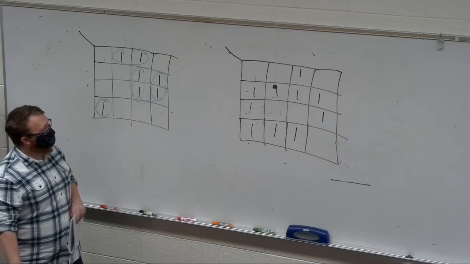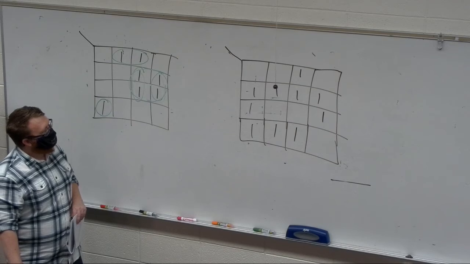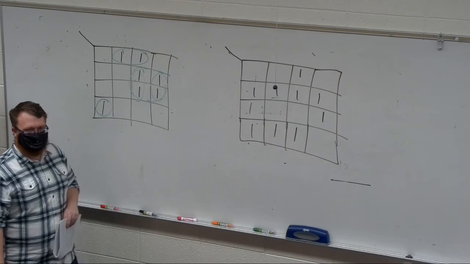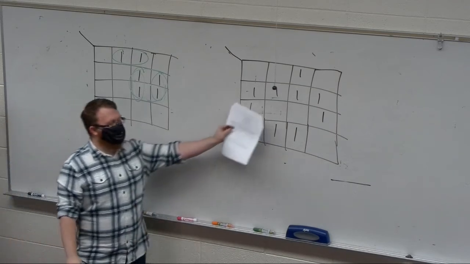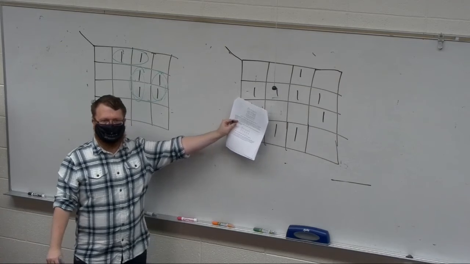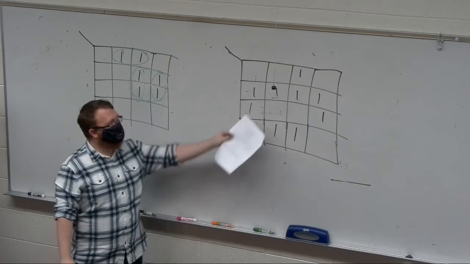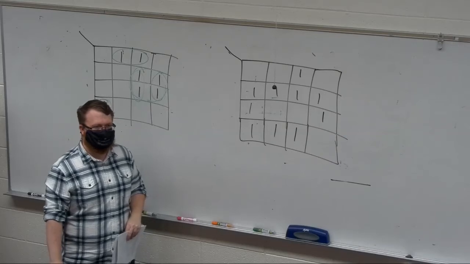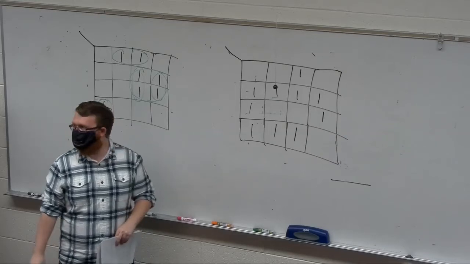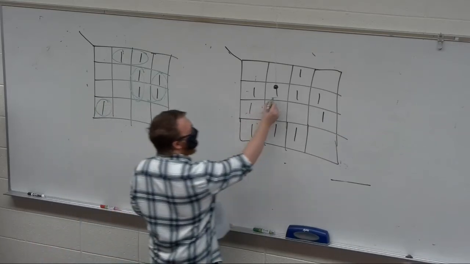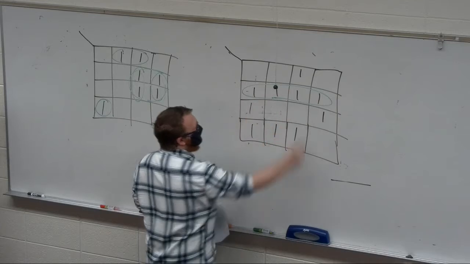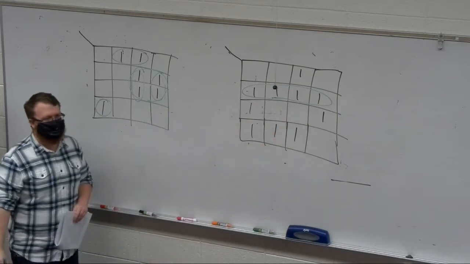I think all of the rest can be got by multiple groupings. So he's the one we've got to look out for because he's both essential and prime. So let's start with him. What's a good grouping for him? Yeah, 4 in the row. That's a great essential prime implicant.